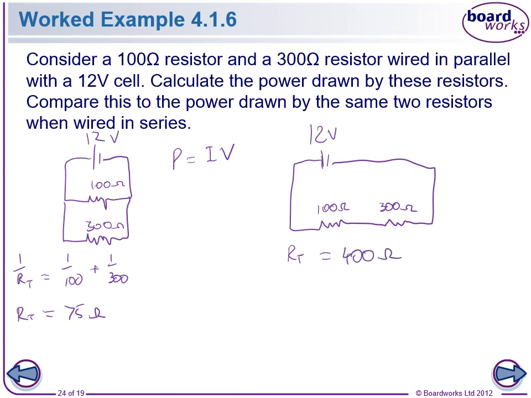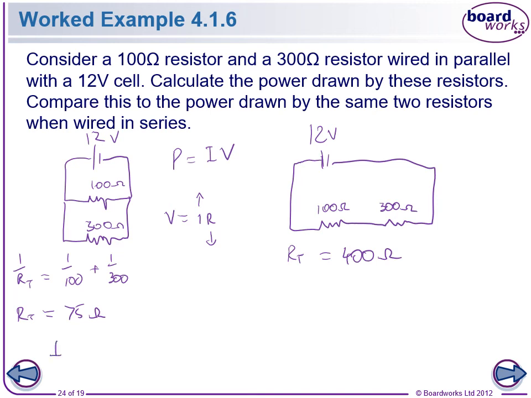So 100 plus 300 is 400 ohms. Straight away we can see that the parallel circuit has much lower resistance. And if we consider V equals IR again, with a much lower resistance, we should have a much higher current. If the voltage is the same but the current is higher, the power should be higher as well. So let's just double check all of this.